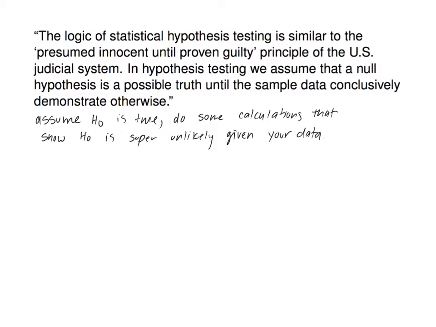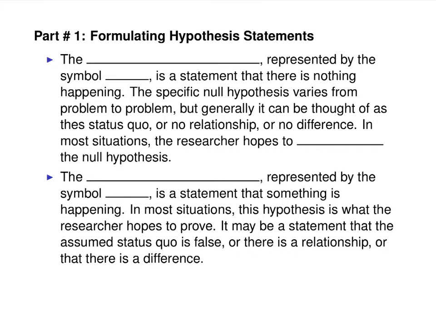Okay. So the first thing: how do these hypothesis statements work? So the blank, represented by the symbol blank, is a statement that there is nothing happening. So nothing, null. This is the null hypothesis. It's represented by the symbol, you already said, H0, H sub 0.